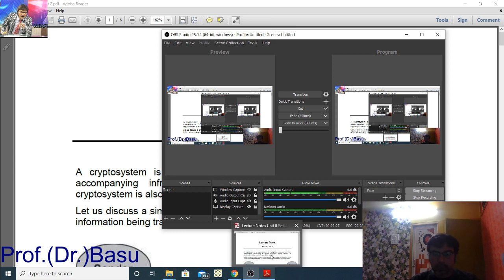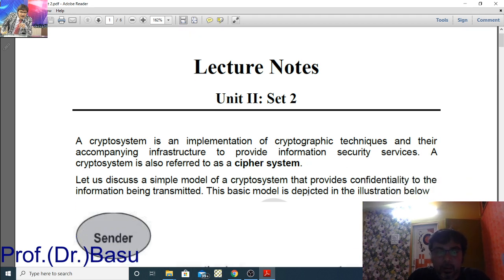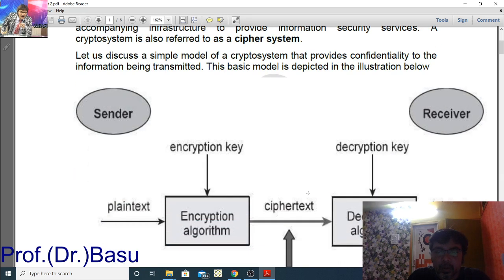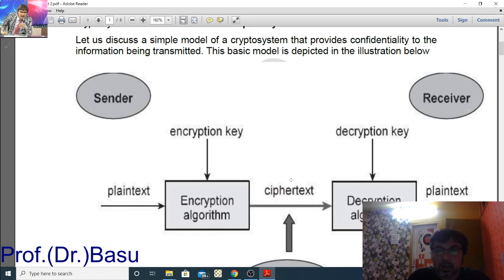So let us continue with the discussion. Okay, fine. So today we will discuss the different methods of cryptosystem. It is very easy to understand if you go through my notes.